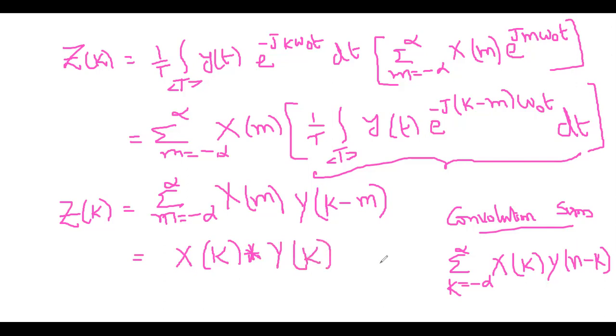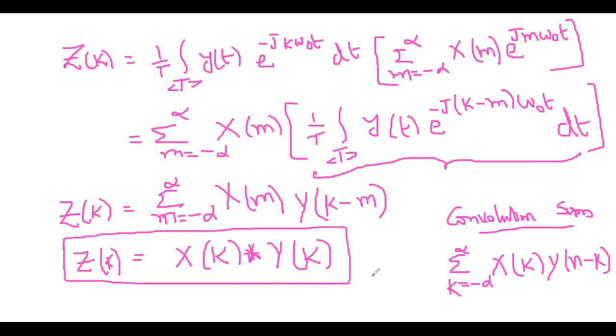Z of k is equal to that. It means the time signals are multiplied, and the Fourier series of the product, the multiplication, is a modulation of the time signals.